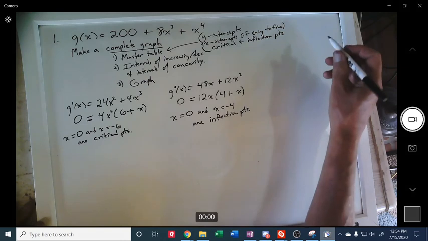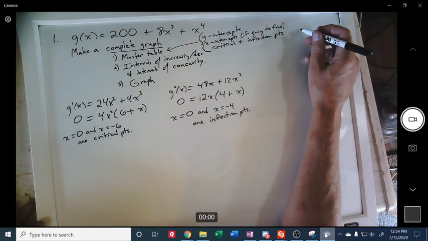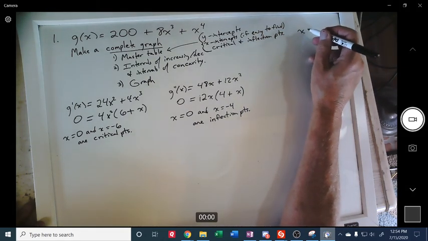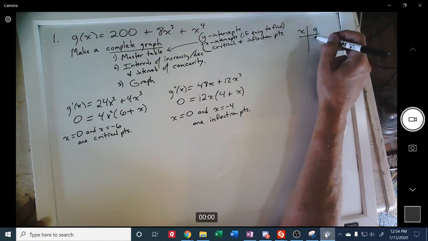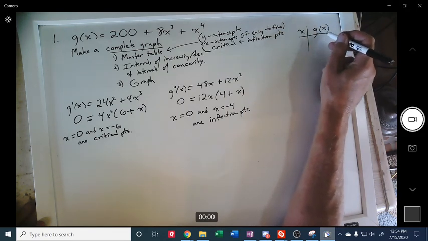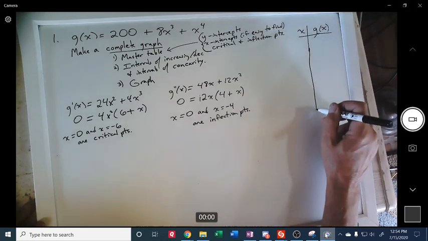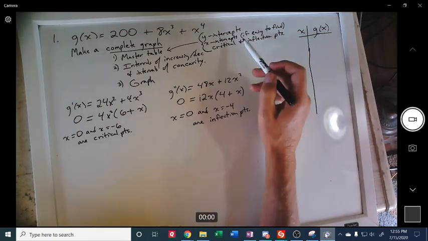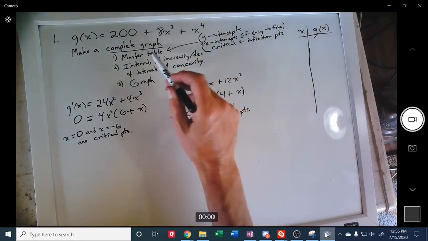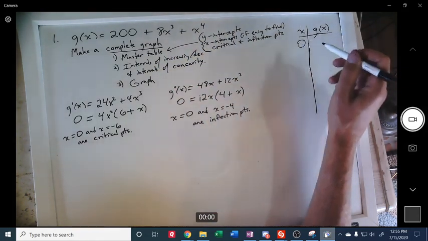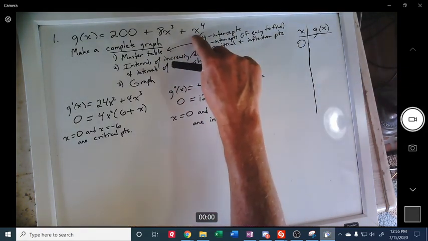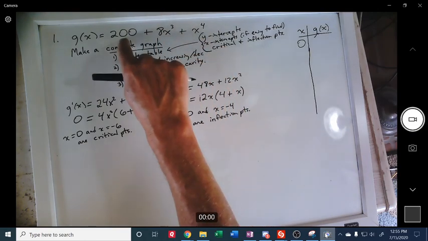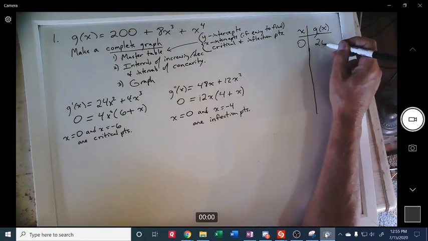We can go to our master table. We'll put that way to the right, x, g of x. All right. So to find a y-intercept, you always set the opposite letter, x, equal to 0. When the x is 0, these two terms disappear, and we're left with 200.